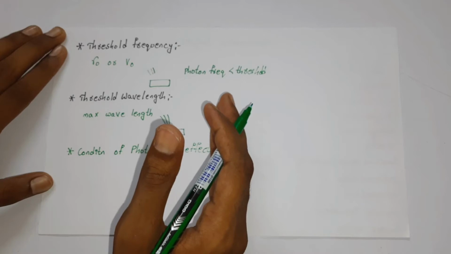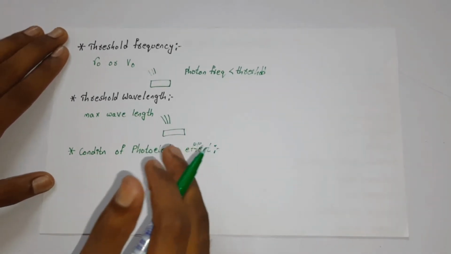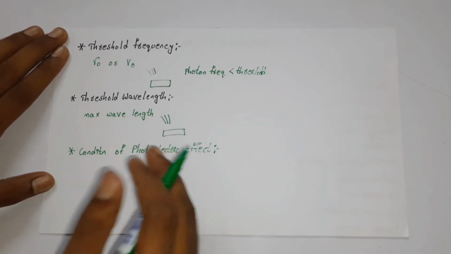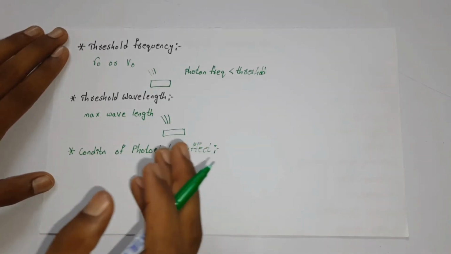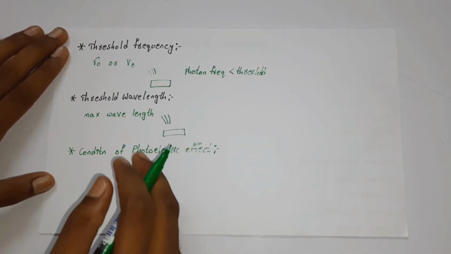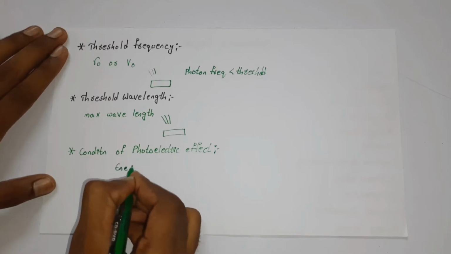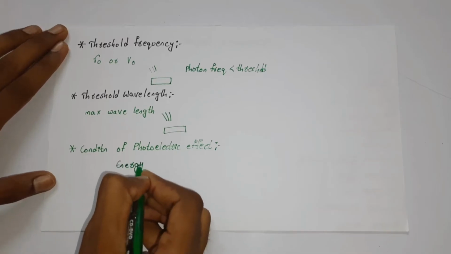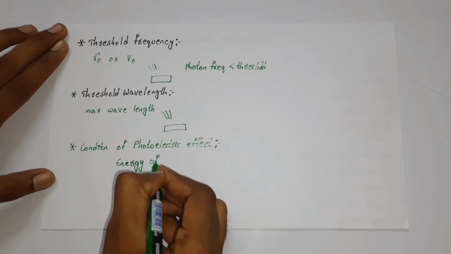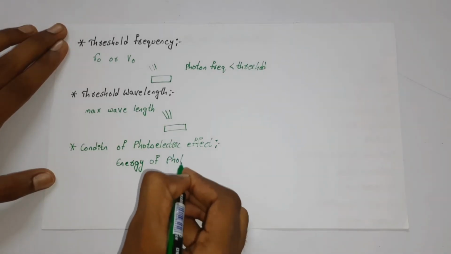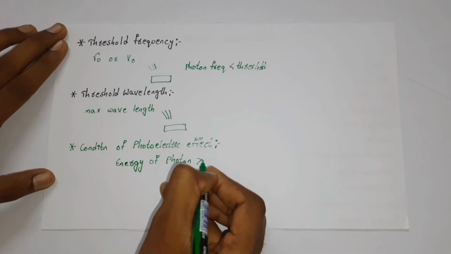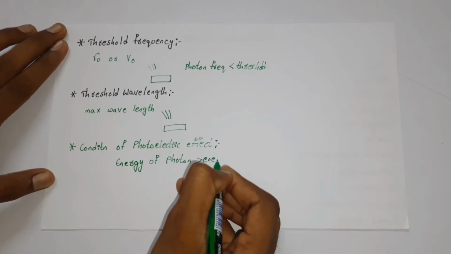At that time itself the photoelectric emission will take place, and it is possible to emit the electrons from the metal surface. So the condition is that the energy of the photon must be greater than the energy of the electron.